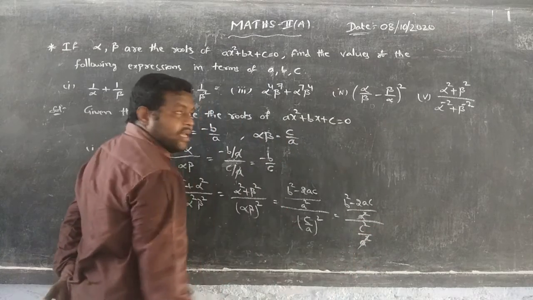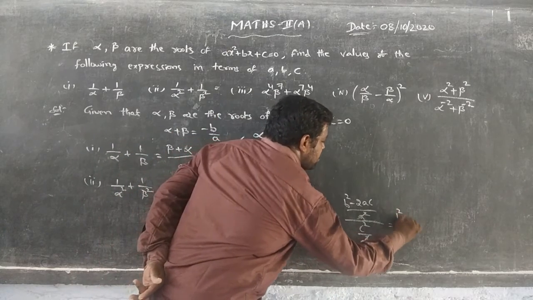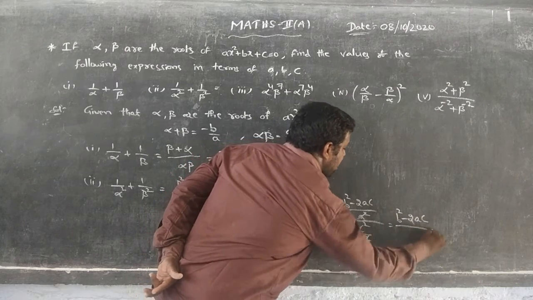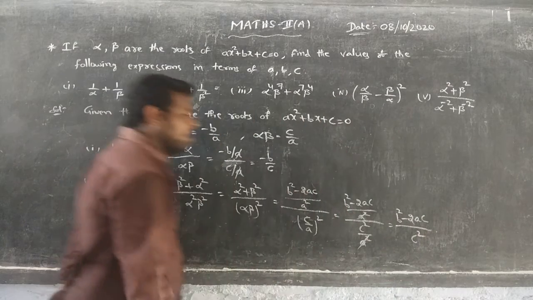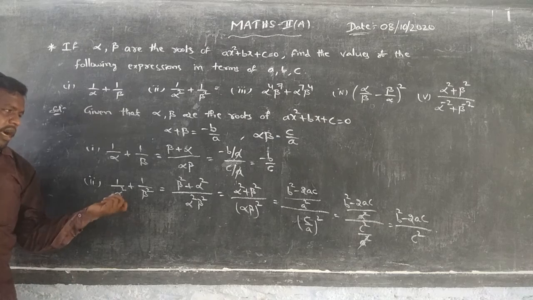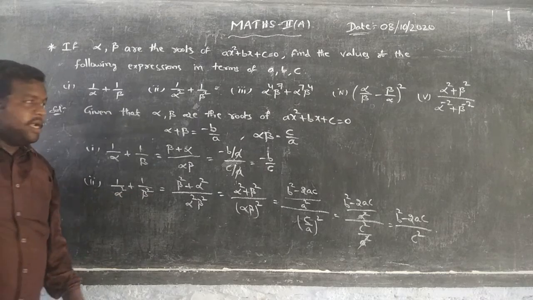So a square gets cancelled. That equals b square minus 2ac by c square. This is the value of 1 by alpha square plus 1 by beta square.